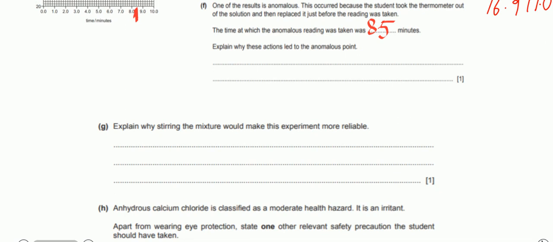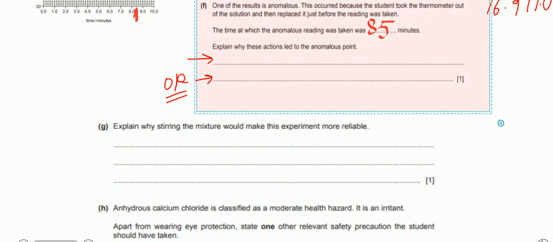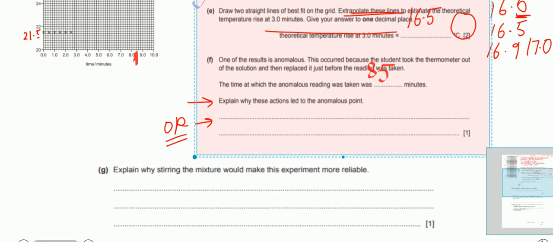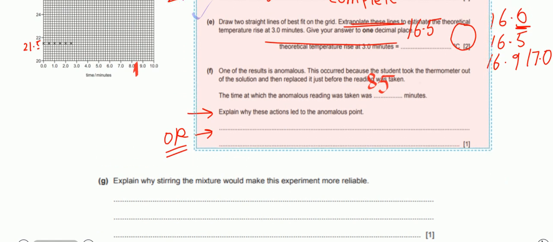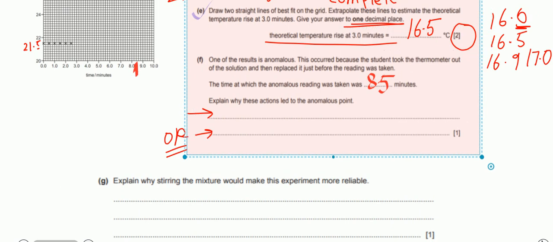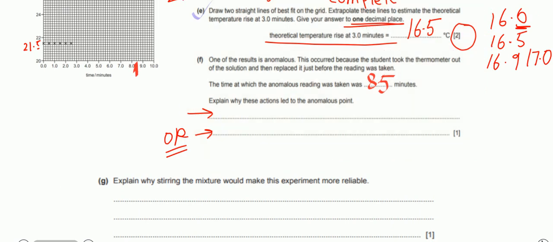Now they say explain why these actions led to the anomalous point. We can write two things over here. We can write either this, or the second thing, which is this.